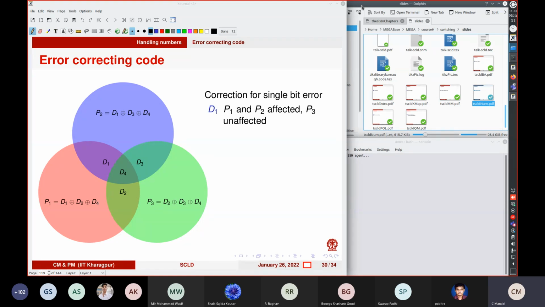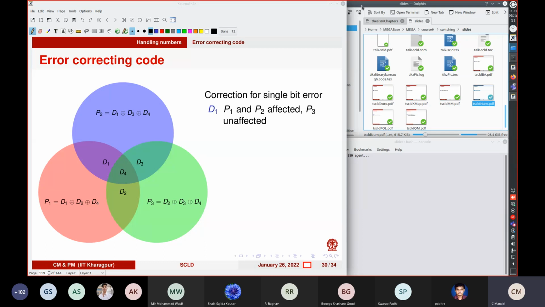As you can see in this diagram, there are four data bits. These are indicated as D1, D2, D3, and D4. And there are three parity bits, which are also defined as shown over there.